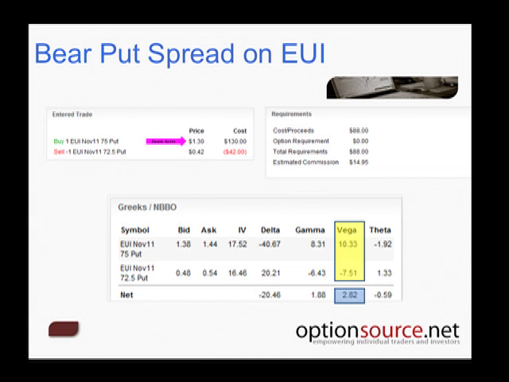So let's say, for example, we only want to put up about $1,000 to $1,500 for this transaction. Well, that means we could buy 10 of these put options, but if we create this spread strategy, because we're lowering our cost basis, we could perhaps even buy 15 spreads.